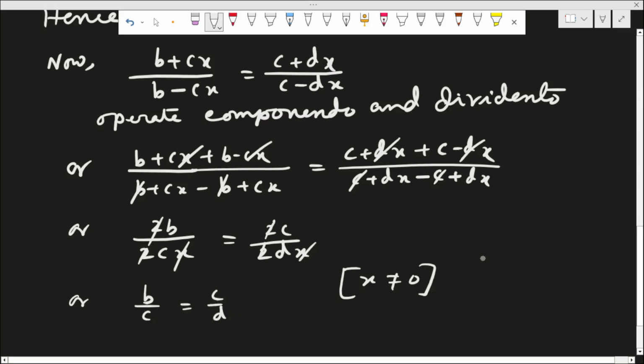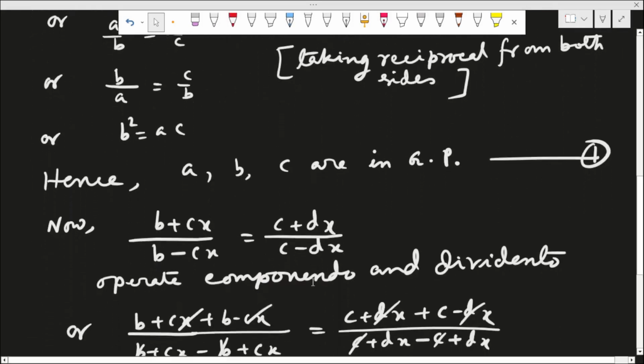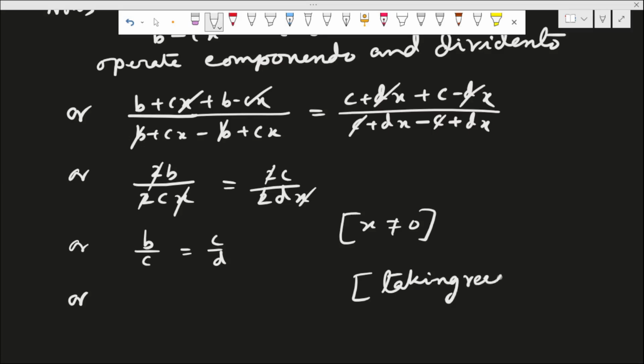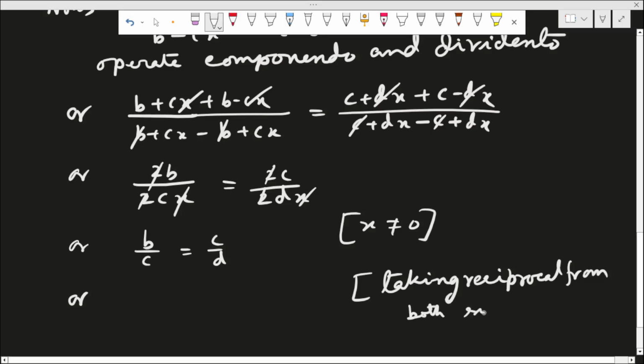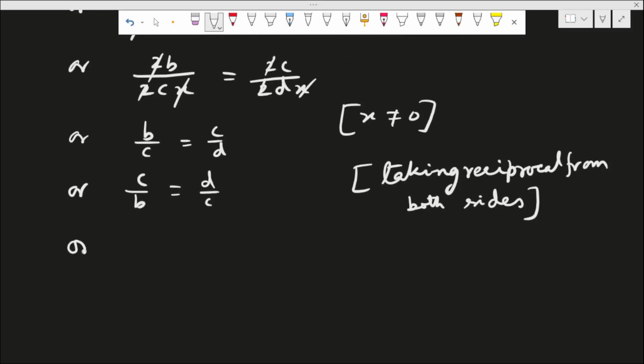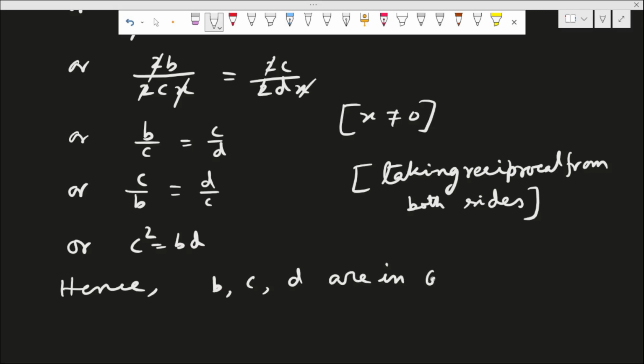Now look at the property explained before, C by B is equal to D by C, but here is D by C. So taking reciprocal, hence B, C, D are in GP.